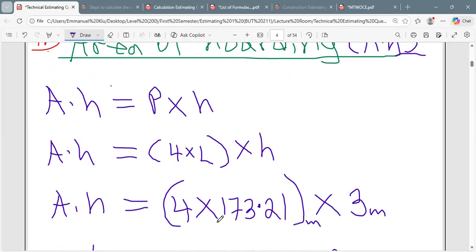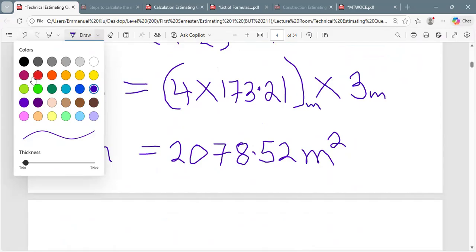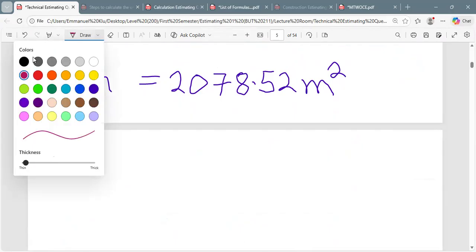So you have seen that the total quantity has now changed. Note, in this case, the total quantity is the area of hoarding we are going to be using. Take note when you meet this kind of question.